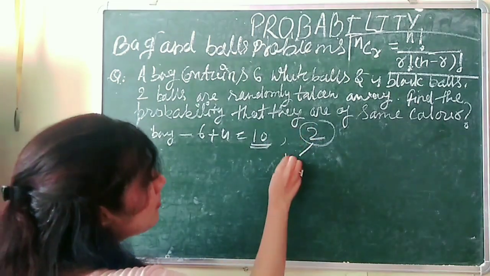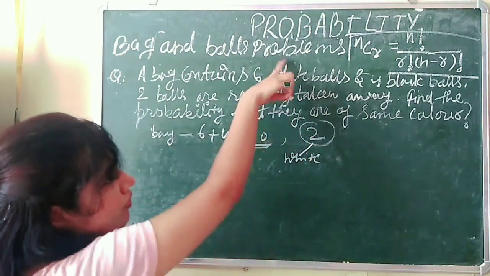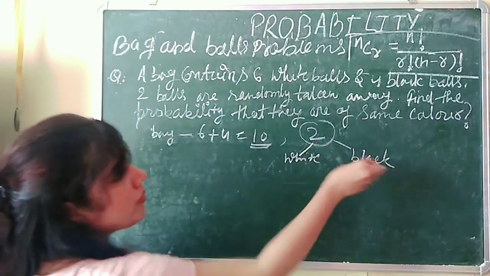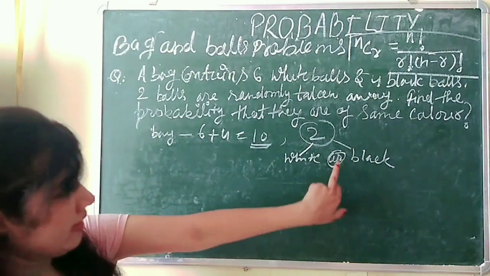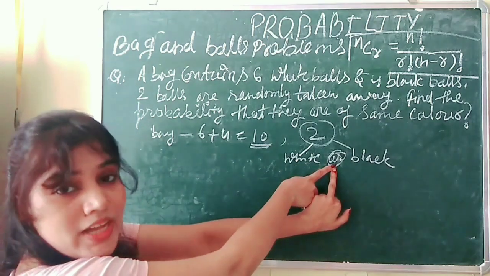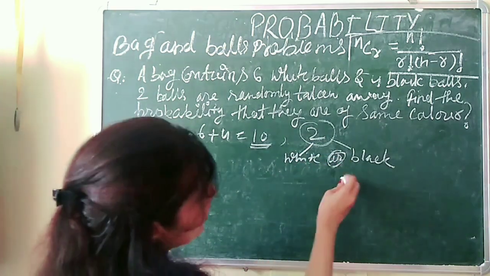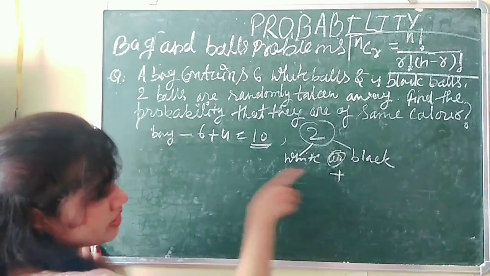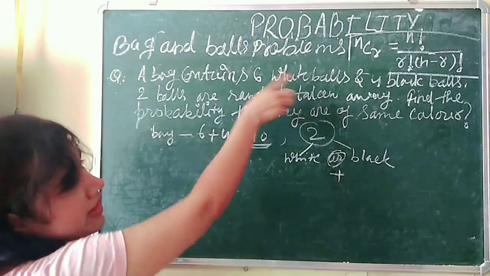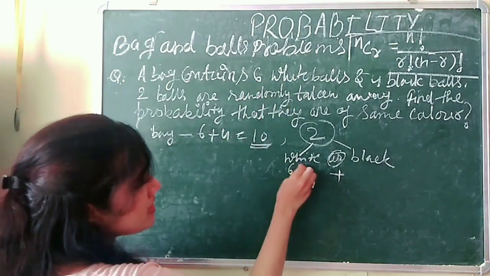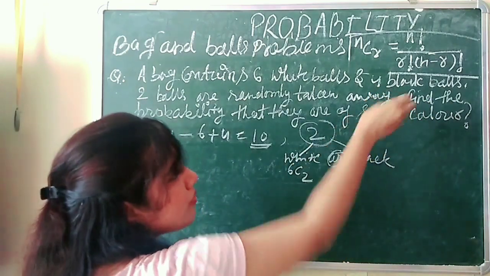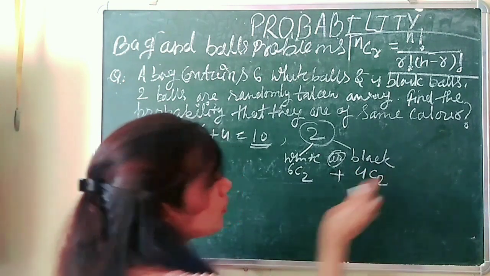So either they will be white or black. Here between the two, an or is coming. For or we simply put a positive addition sign. Now for white balls we will make a combination. So 6 white balls, the combination will be 6C2. And for black balls, because there are 4 black balls, the combination will be 4C2.